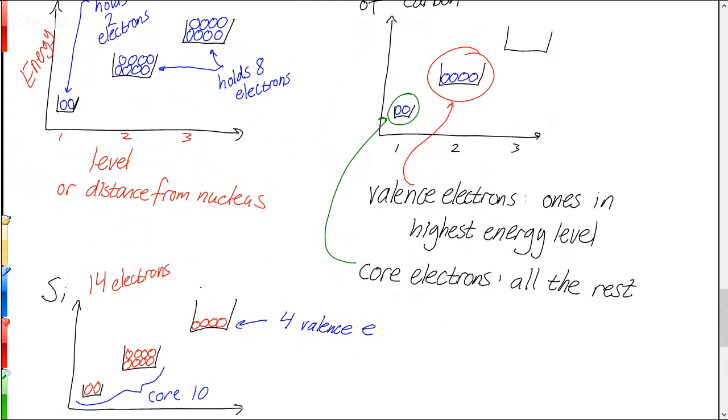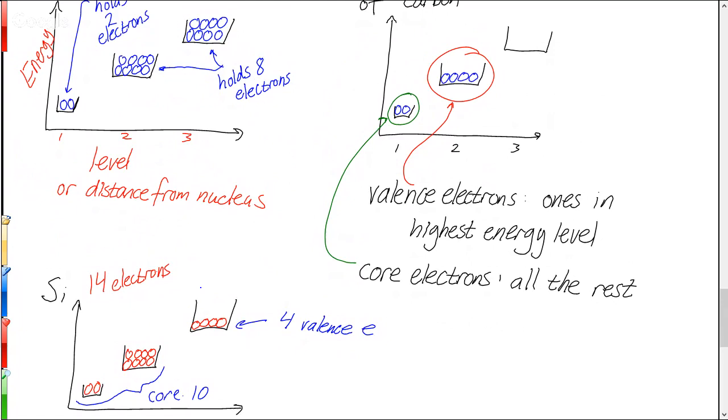Where are carbon and silicon on the periodic table in relation to each other? They're right on top of each other. They're in the same group. And we said that valence electrons determine the chemistry. And vertical groups in the periodic table have similar chemistry. That all kind of makes sense.